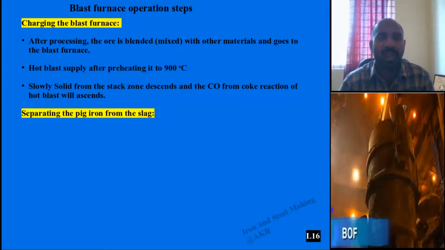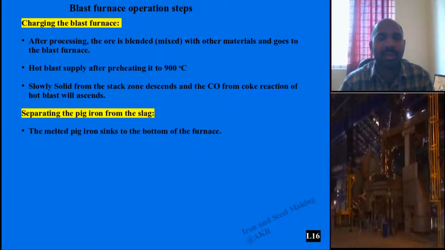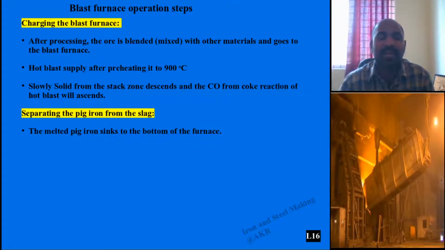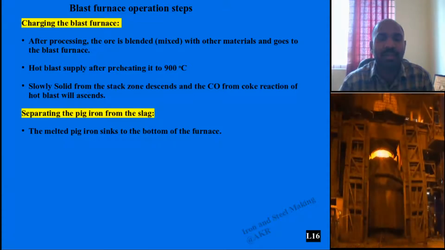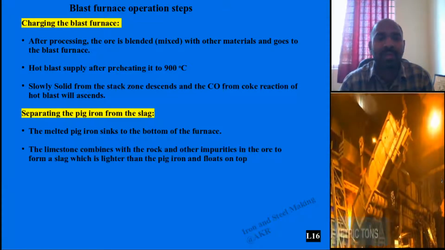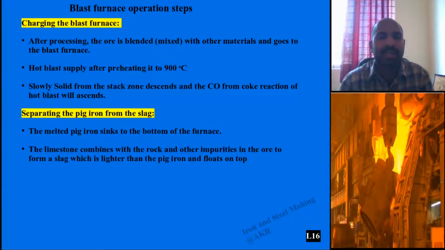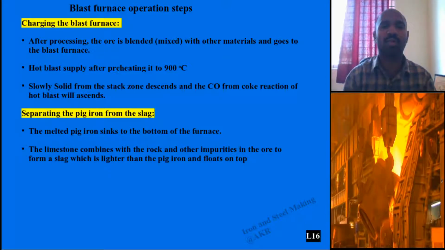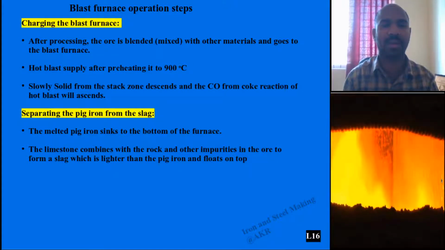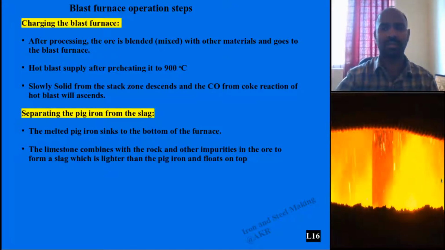These things are supposed to be separated because, based on the nature of the slag and molten metal, molten pig iron sinks to the bottom, and the limestone which was mixed combines with the impurities associated with the iron ore and forms slag.